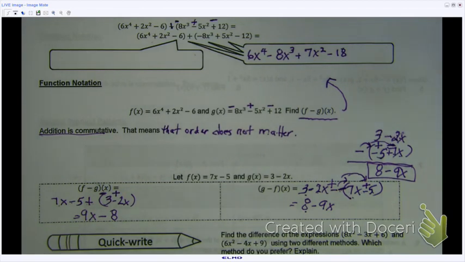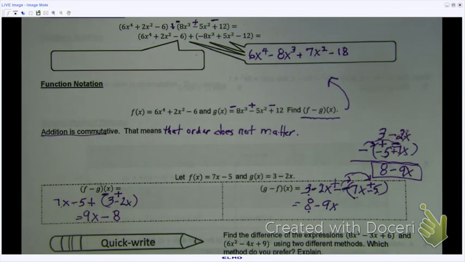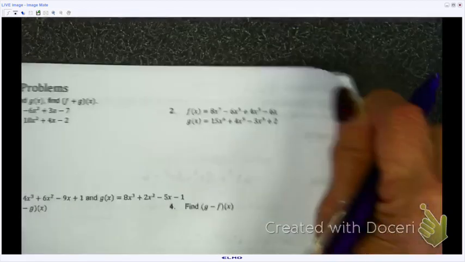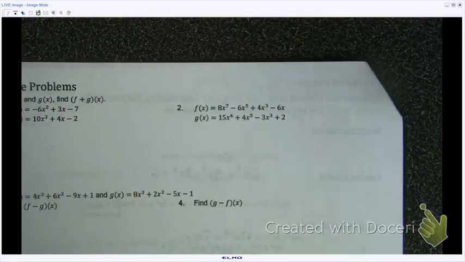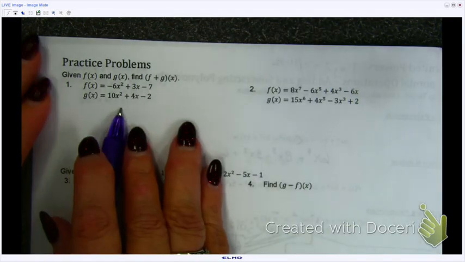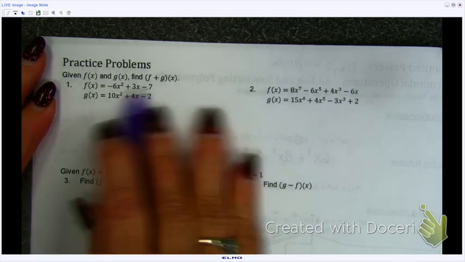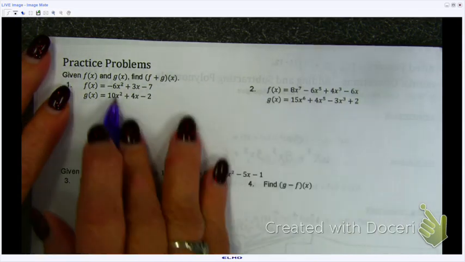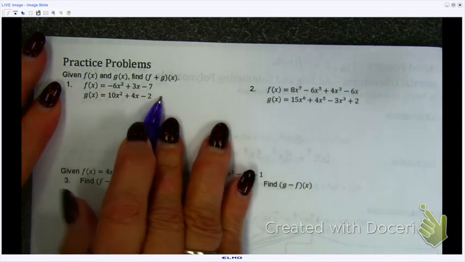So I want you to come back and fill in your quick write later, but we need to move on to the other things. This paper on the back gives you some practice problems. These are set up so we can do it vertically. So this one is easy enough.